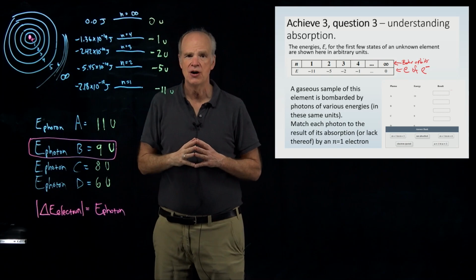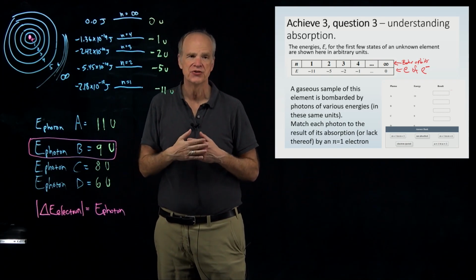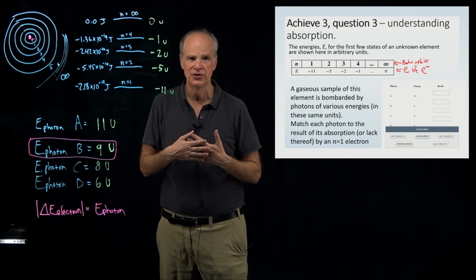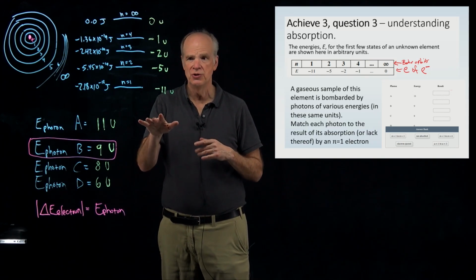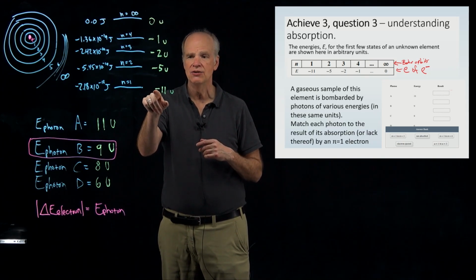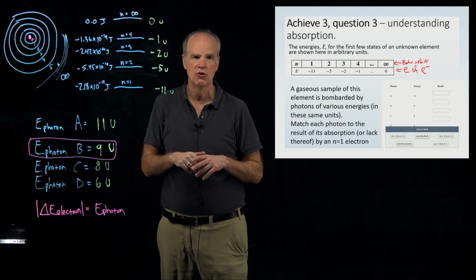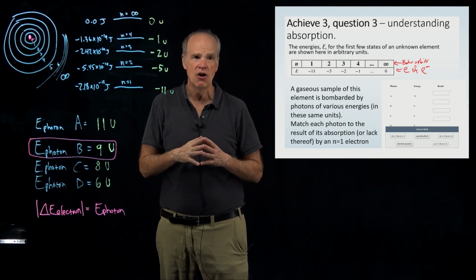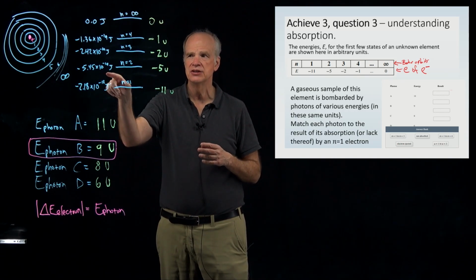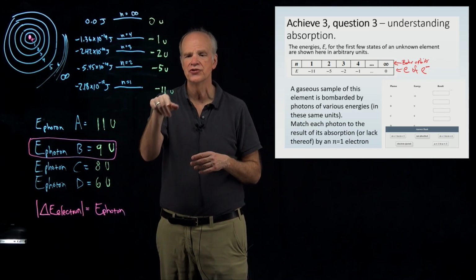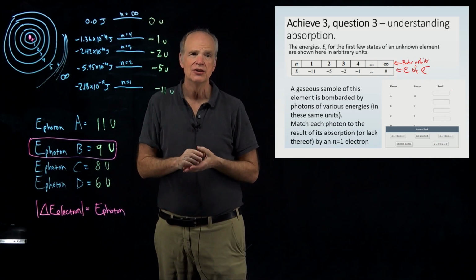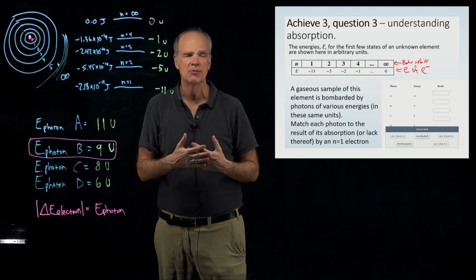So in this problem, what they're saying is this. You're looking at a mysterious element, and they're giving you a scale of the energies of each of the orbits, but they're defining an arbitrary scale. So rather than giving you energy of orbits in joules, they give you energy of orbits in some kind of arbitrary units.